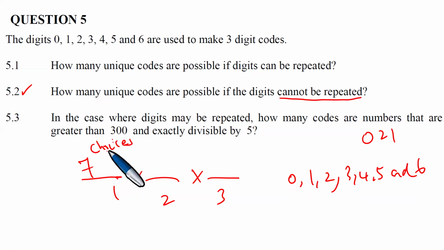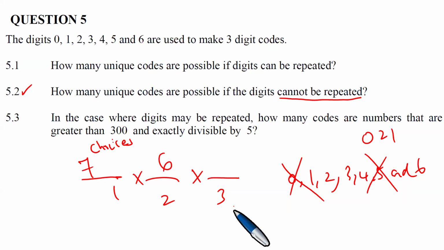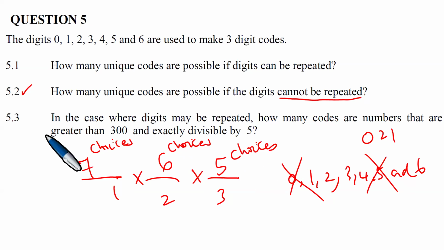After that choice has been made, remember, it cannot be repeated. If we chose 0, we'll have 6 digits, from which we have 6 choices to make. After that, maybe we choose 5, we're left with, out of the 7 we had, 2 removed. We have 5 choices.